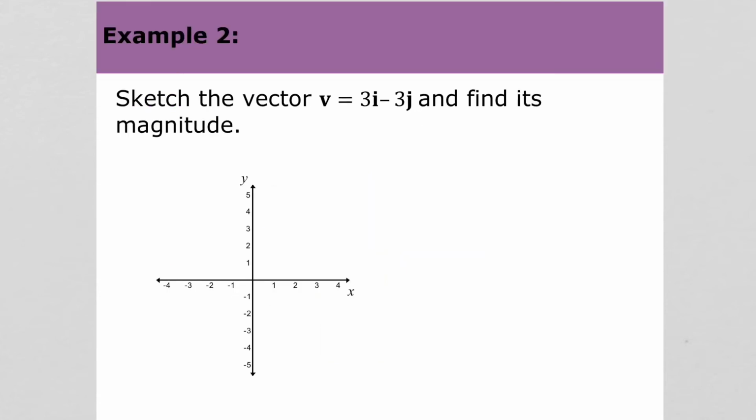Example 2 says, sketch this vector and find its magnitude. So if we want to sketch the vector 3i minus 3j, then starting from the origin, this is 3 along the x-axis and negative 3 along the y-axis. So basically the point (3, negative 3). So sketching this vector, it looks like this.